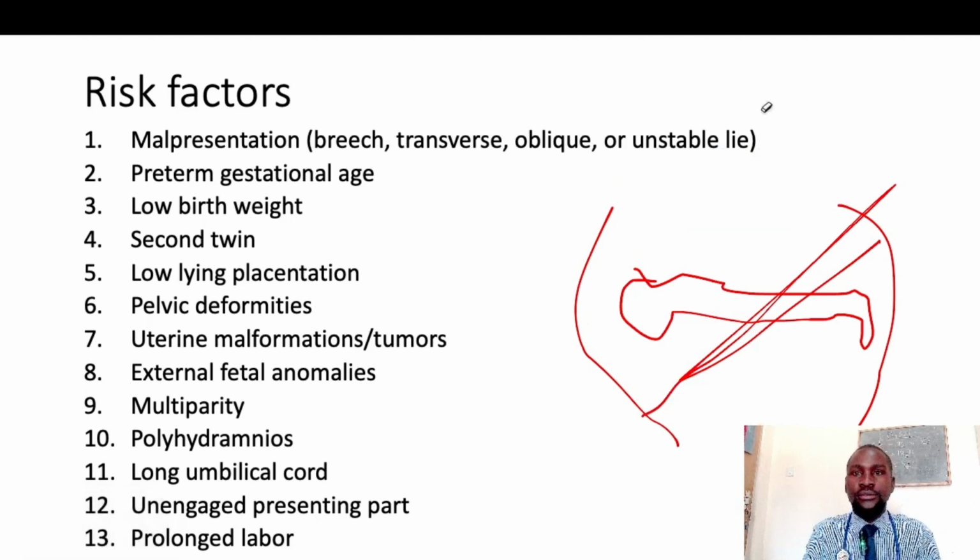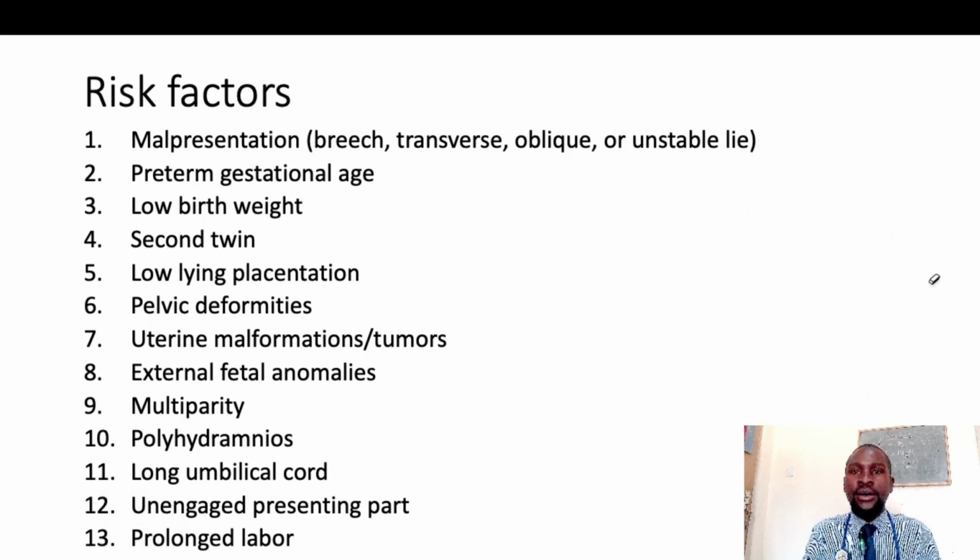So the other risk factor apart from these is preterm gestation age. I'm sure you know that premature babies are smaller.